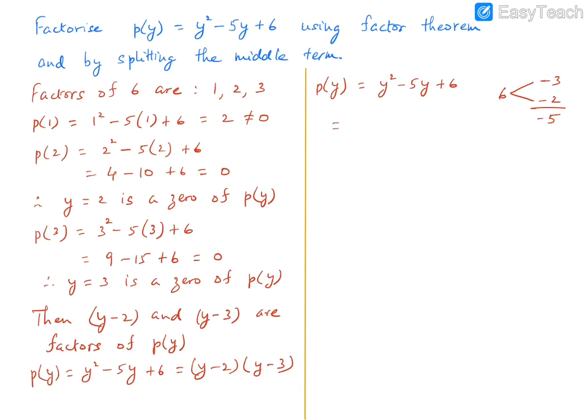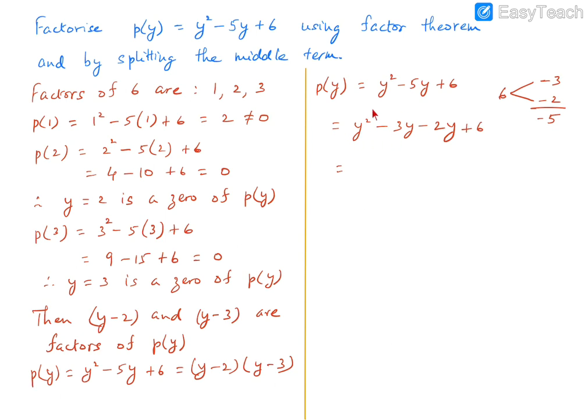So we can now write this expression as y square, and minus 5y we can write as minus 3y minus 2y, plus 6. So we have split the middle term minus 5y based on these two numbers. Now it is just a case of simplifying by taking common factors.